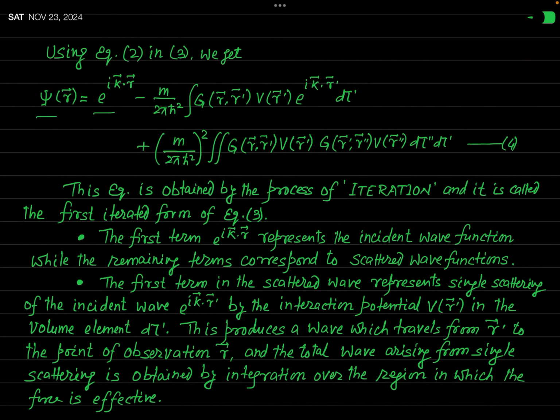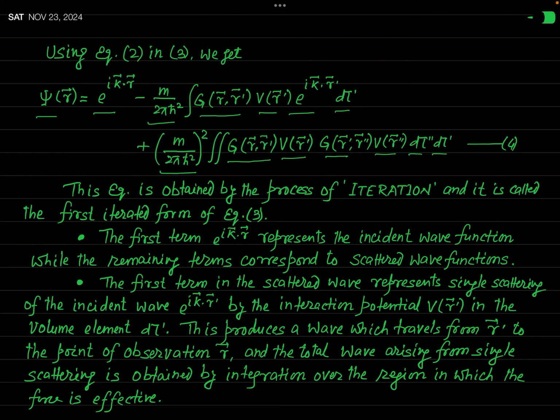Psi of r is equal to e to the power i k dot r minus m over 2 pi h bar square integral G of r comma r dash V of r dash e to the power i k dot r dash d tau dash. And the second term is this much. This is m over 2 pi h bar square whole square and double integral G of r comma r dash V of r dash G of r dash comma r double dash V of r double dash d tau double dash d tau dash.